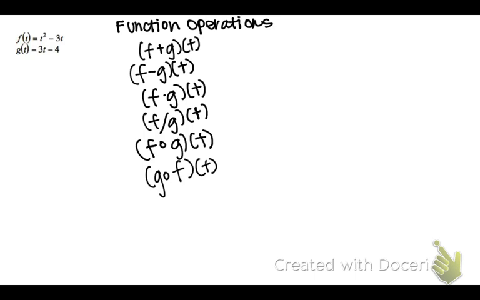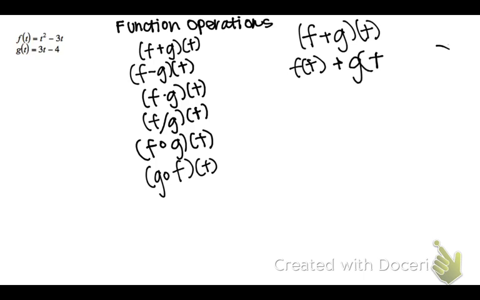Okay, so let's start with the f plus g of t. Well, we can just rewrite this as f of t plus g of t. So f of t is t squared minus 3t.